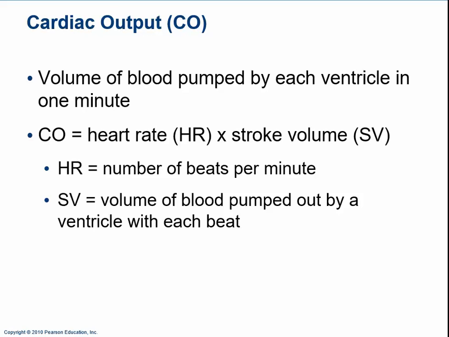And really, it's the stroke volume, the amount of blood per beat, milliliters per beat, times the heart rate, which is beats per minute, which then gives you volume per minute. So HR times SV equals CO.